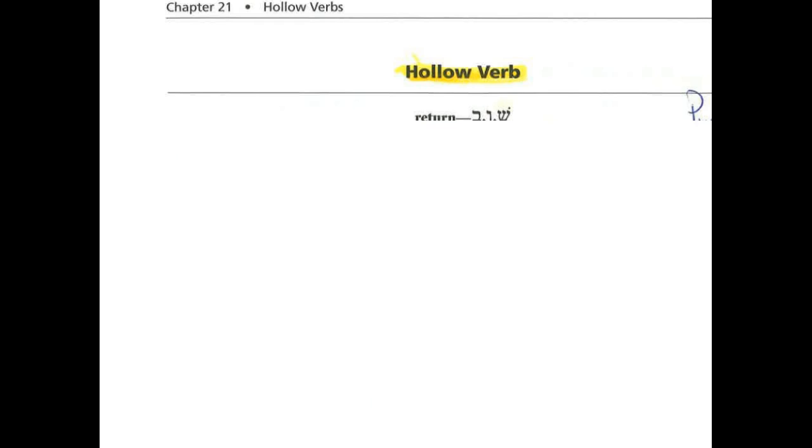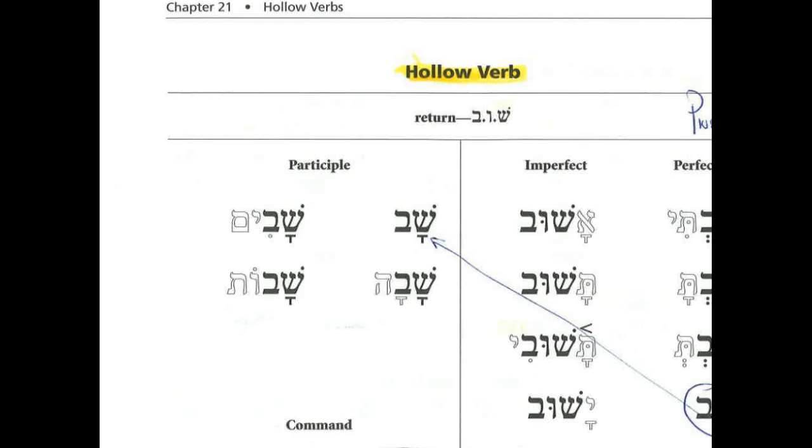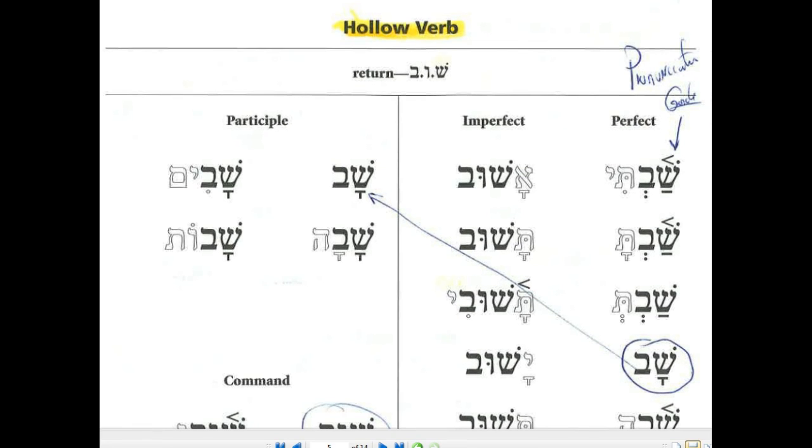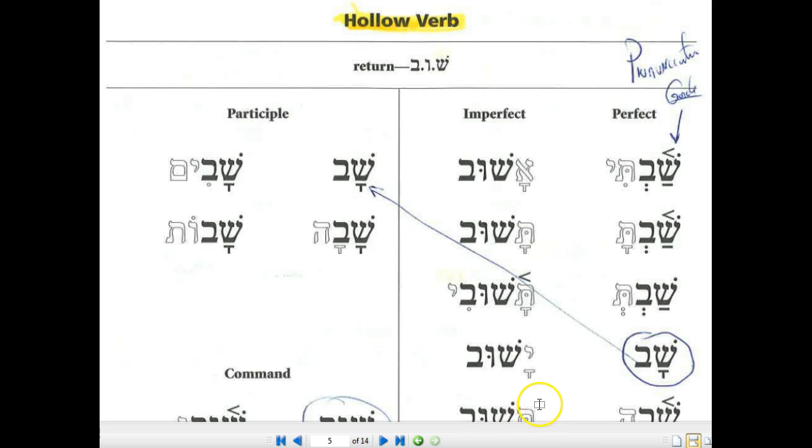All right, moving to the next page, we get the paradigm of the hollow verb, and just a few comments here. Note the caret that occurs above a syllable is letting you know when that syllable is to be pronounced. In other words, if there's a caret there, you're to pronounce that syllable rather than allowing the accent to fall on the final syllable, as is the standard rule.